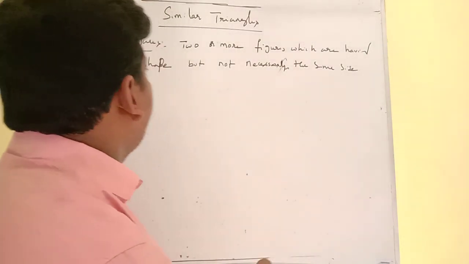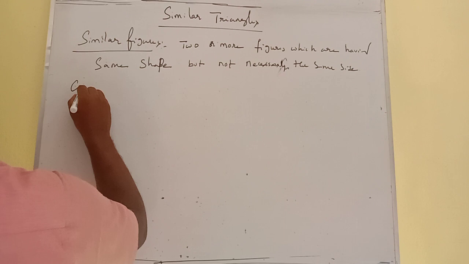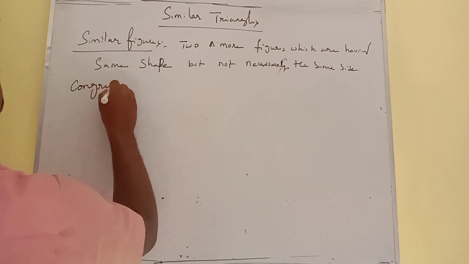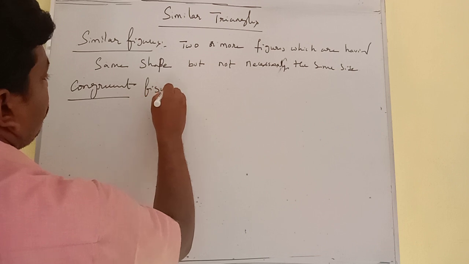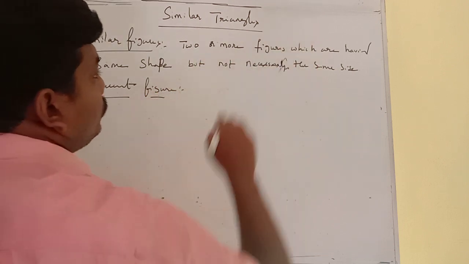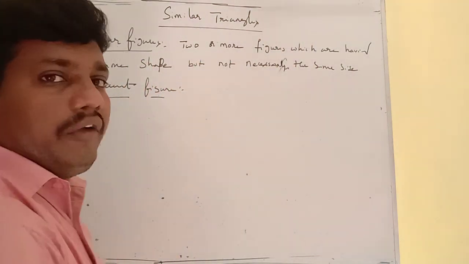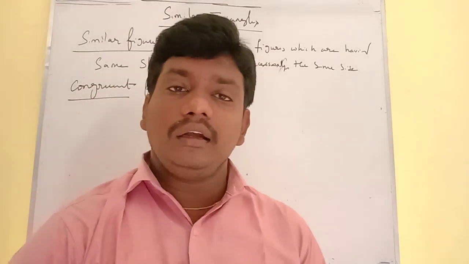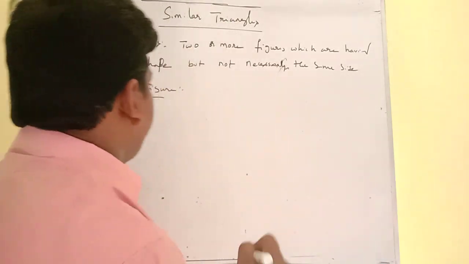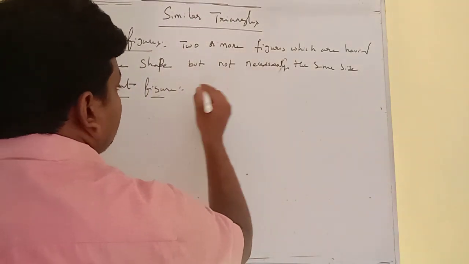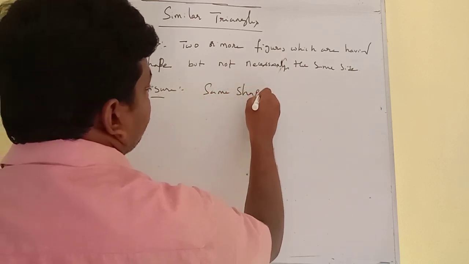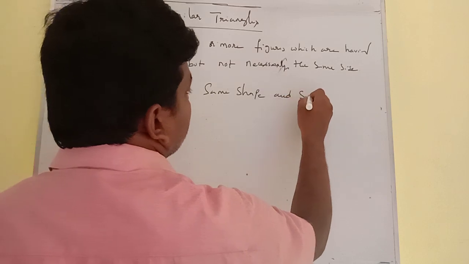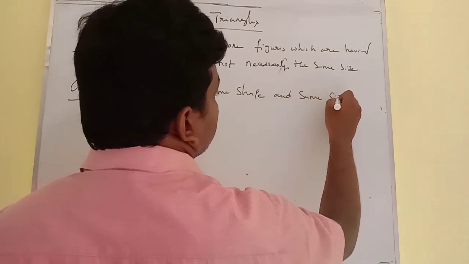Okay, what about congruent figures? Congruent figures are two or more figures which are having the same shape and the same size.